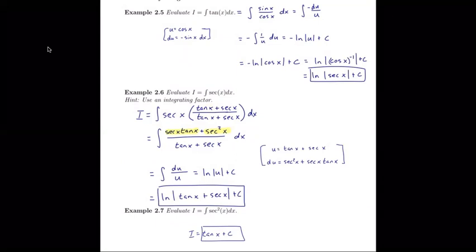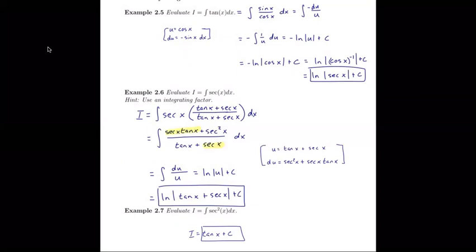Now, let's connect that to the denominator in some way. If we look in the denominator, we realize that the derivative of tangent of x is secant squared x. Similarly, the derivative of secant of x is secant x tangent x.